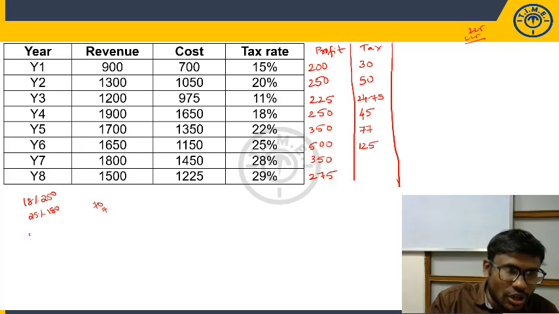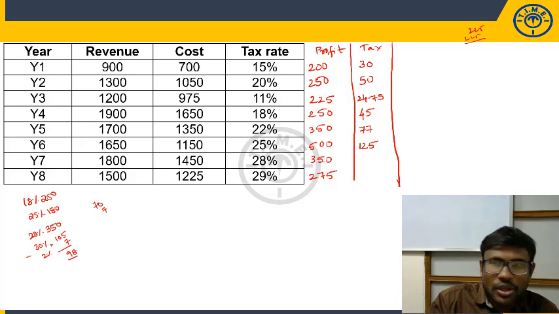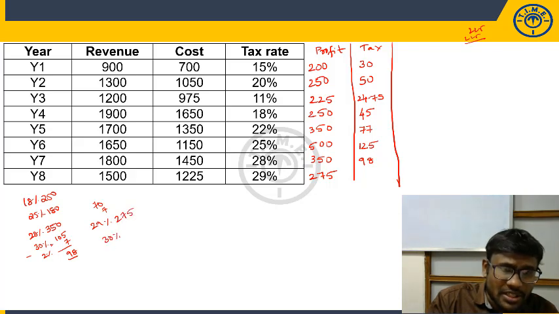28% of 350. So I can write it as 30% minus 2%. 30% is 105 and 1% is 3.5. So 2% is 7. So subtract, you get 98. And 29% of 275. That is, we have to calculate 29% of 275. So it is 30% minus 1%.